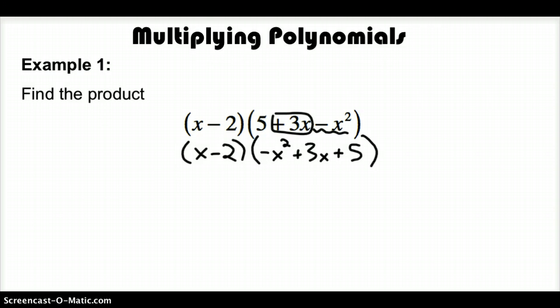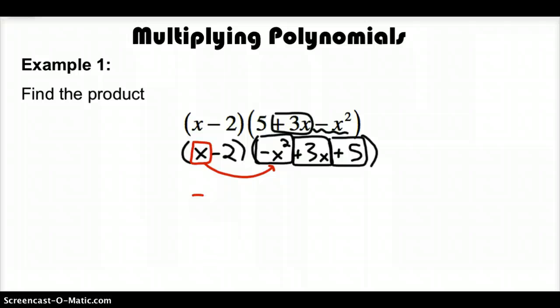Now again, I'm going to use the speed dating method, where I'm going to multiply this x by all three of the separate terms here first. The negative x squared, then that positive 3x, then that positive 5. So I'm going to go down below here. It's a positive one and a negative one for our coefficients, so we've got to be careful here.